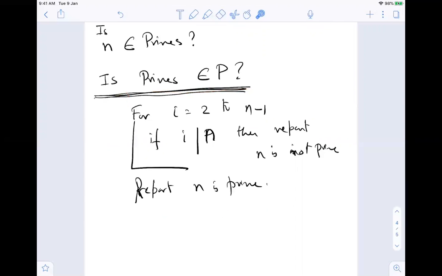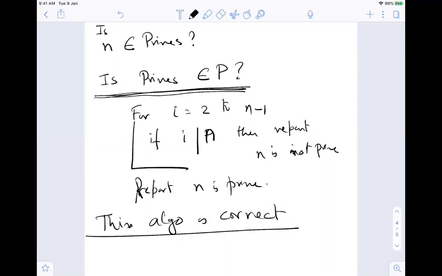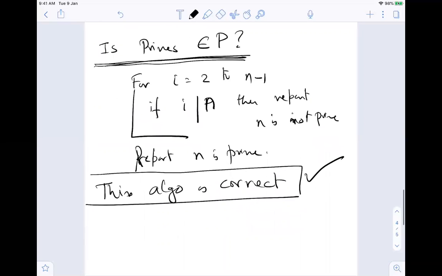Because if something is not a prime, then it must have a factor less than itself. But what is the running time? So you can say that this algorithm is correct, perfectly correct. But the question is, what is the runtime?